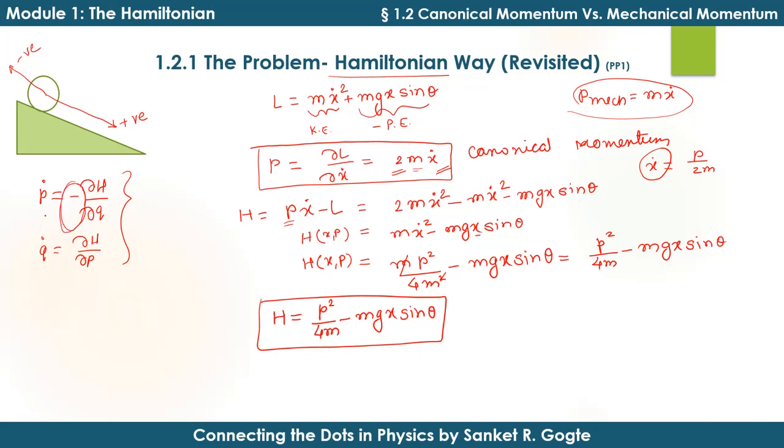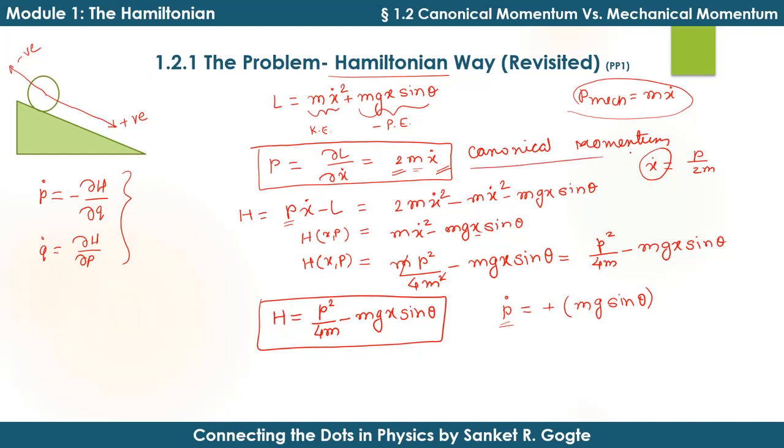sign. So let's use this equation of motion for the Hamiltonian and try to obtain p dot is equal to minus, and when I differentiate H with respect to x, I'll get plus mg sine theta. Now to find the acceleration, I have to use the canonical momentum.